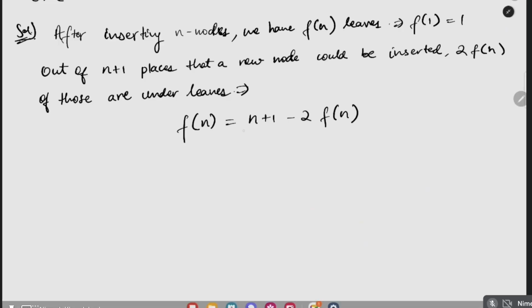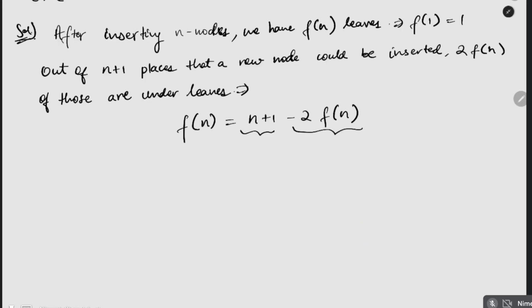It's out of n plus 1 total places, 2 times f of n places have been used, and that now gives us the new number of remaining leaves. So when it all converges, it will become 3f of n equal to n plus 1.